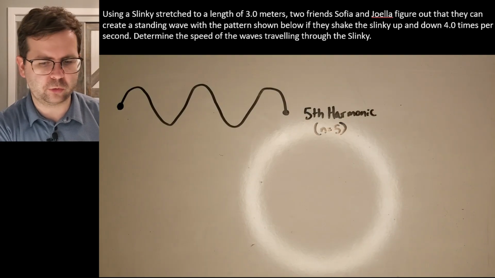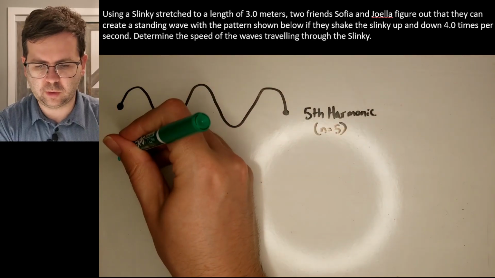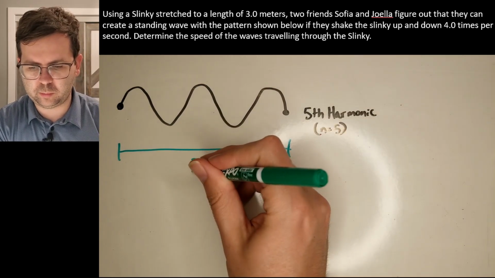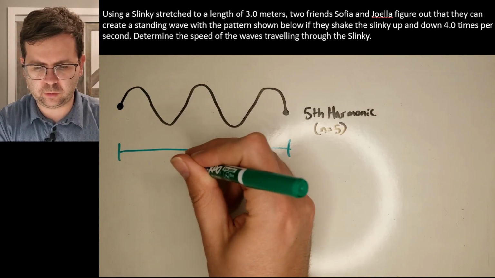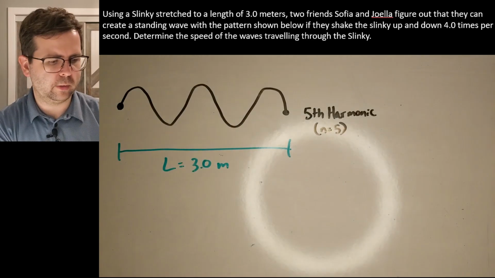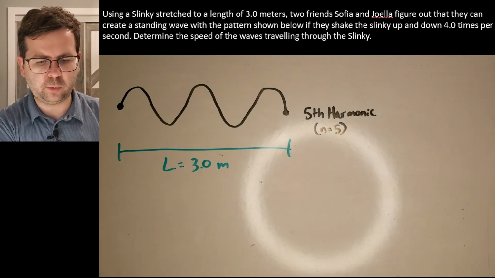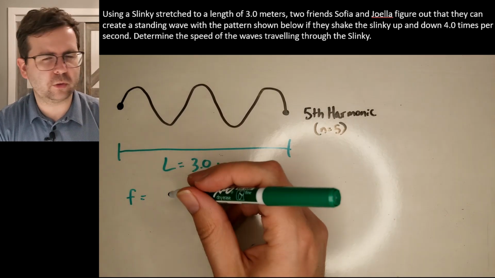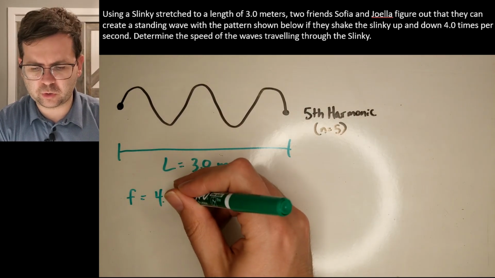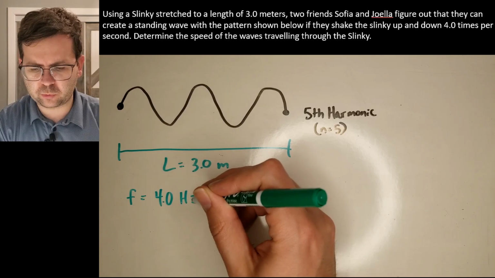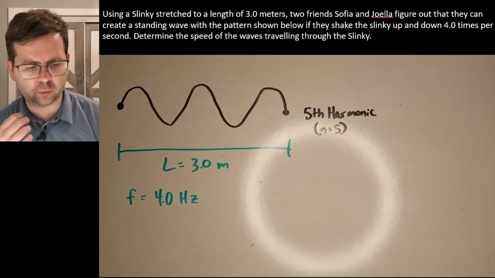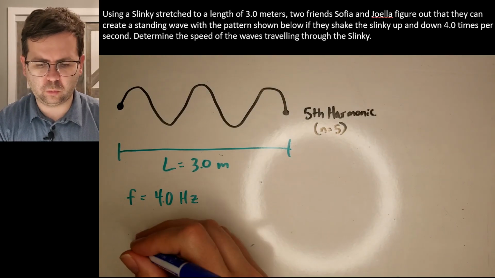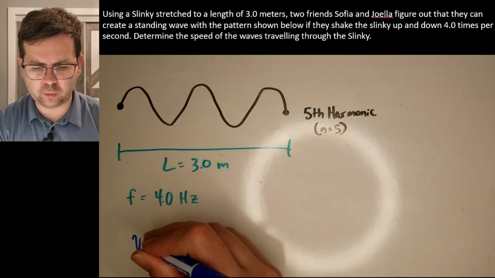We're told the length of the slinky in this case is 3.0 meters. That is the length. And we're also told that they shake it up and down 4.0 times per second, so that's 4.0 cycles per second or 4.0 hertz. We want to know what is the speed of the wave.